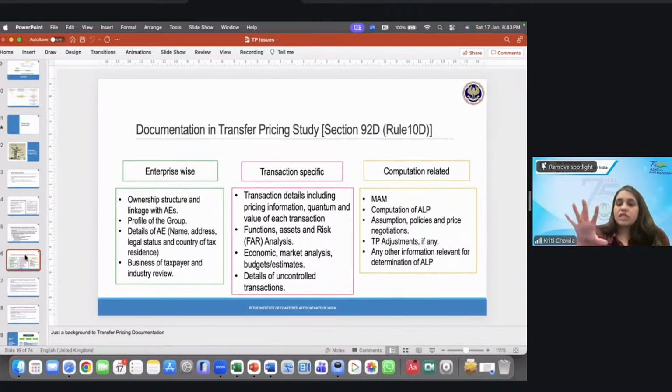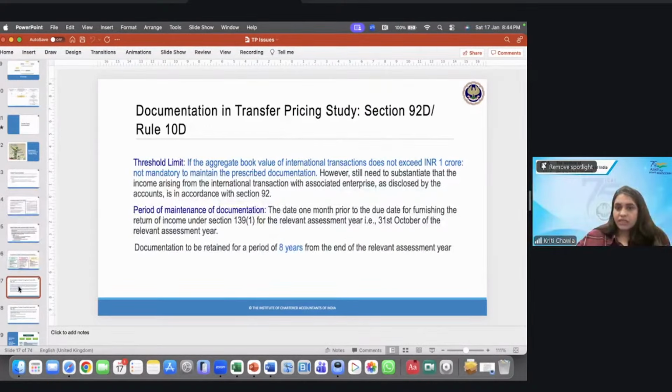But when it comes to the TP study, the requirement is to maintain the TP study. So going forward, if there is any requirement to present the TP study before the tax authorities, you can easily do that. We don't file the TP study; we have to maintain it, is what the law says.